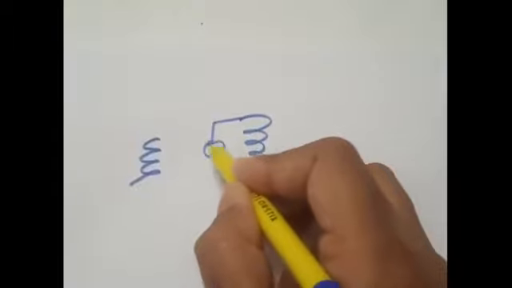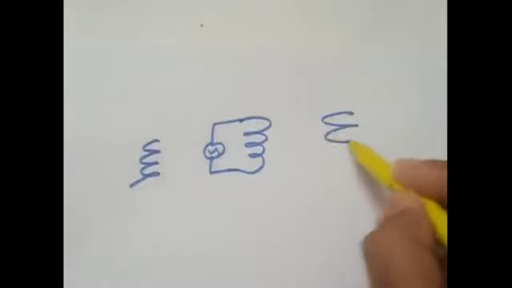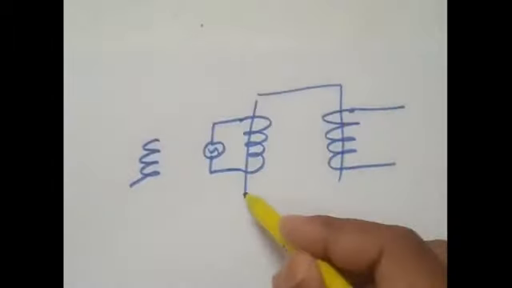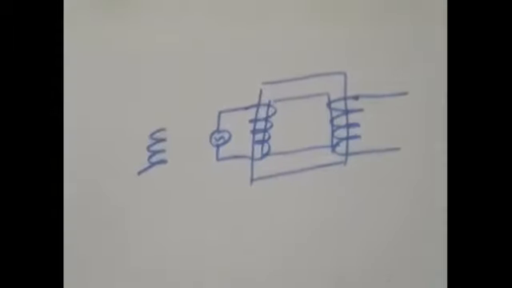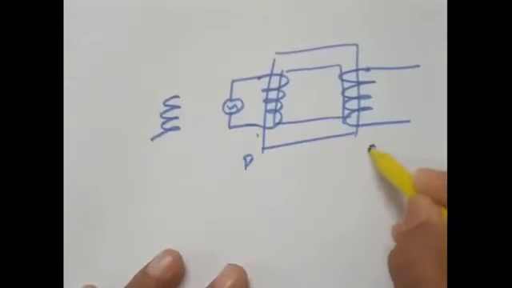We have the primary coil connected with the AC source, the secondary coil, and a steel plate used to wind these coils.